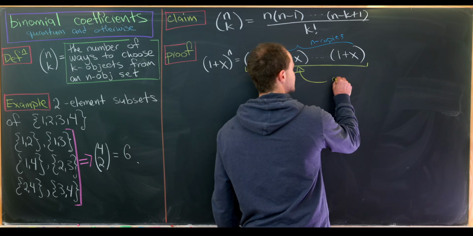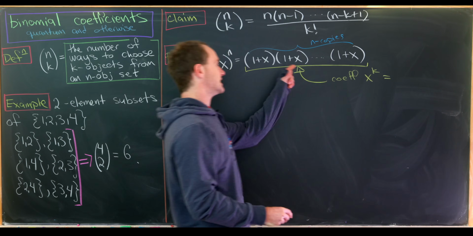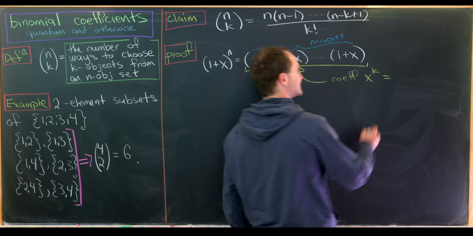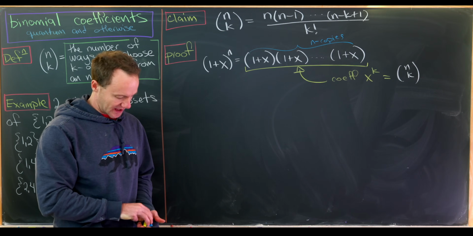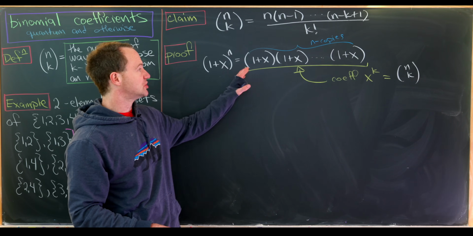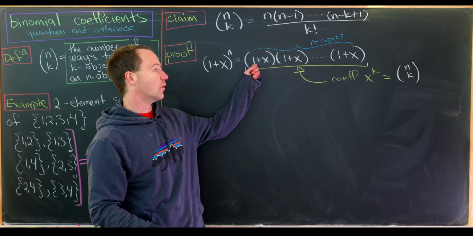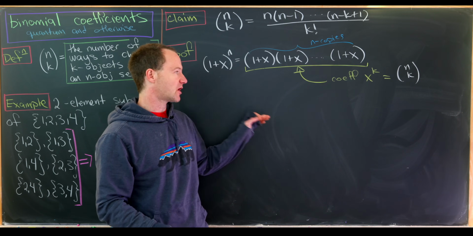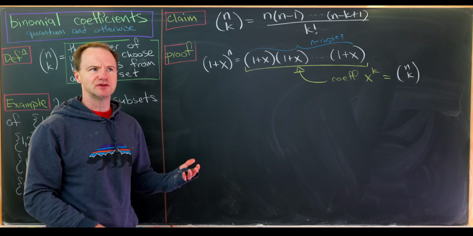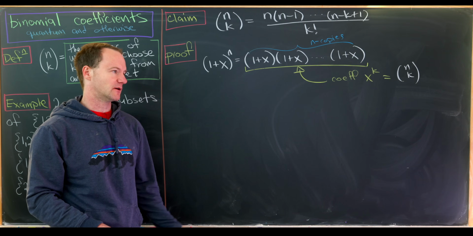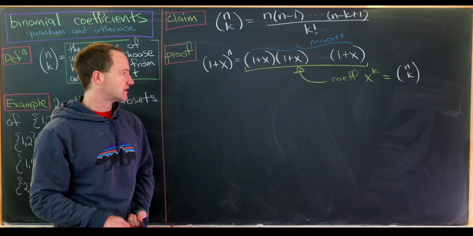But now let's notice that the coefficient of x to the k power in this expansion will be exactly n choose k. And why is that? Well, that's because we have to choose k times to choose x instead of 1 from each of these products to achieve x to the k. But that's exactly the same as choosing a k element subset from an n element set. So that's our binomial coefficient there.